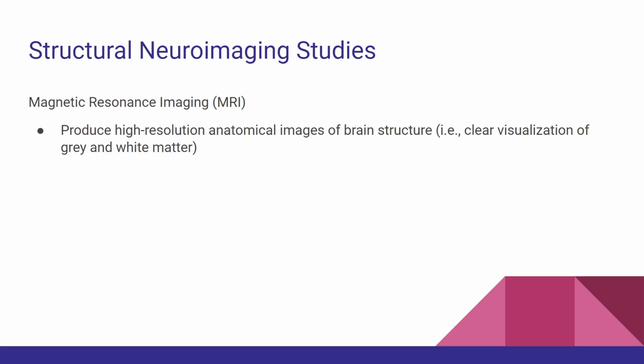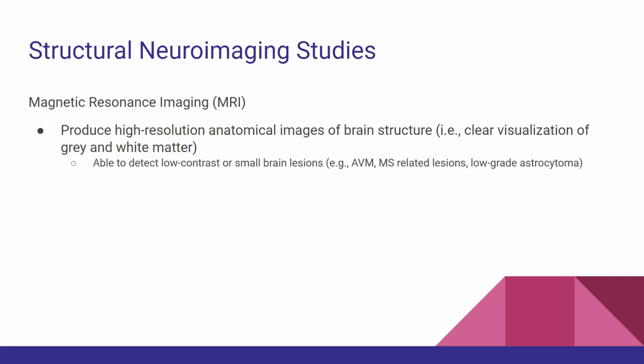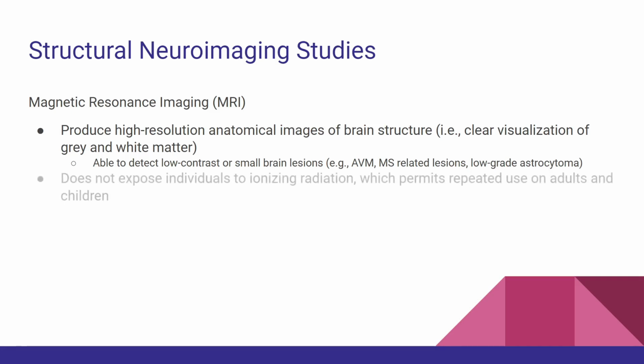So MRI produces high-resolution anatomical images of the brain with clear visualization of both gray and white matter. And this high resolution allows the ability to detect low contrast or small brain lesions like arteriovenous malformations, MS-related lesions, and low-grade astrocytomas. Additionally, MRI does not expose people to ionizing radiation, which allows for its repeated use on adults and children.